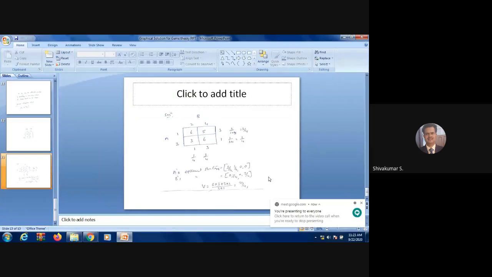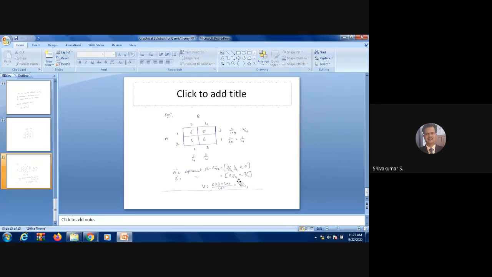Someone asked me a good question just now, in the previous class. When player A uses the strategy 3 by 4 or 1 by 4, the outcome, the value of the game, is 21 by 4 only. Even if player B uses the same strategy, at 1 and 3, the value of the game is 21 by 4 only.